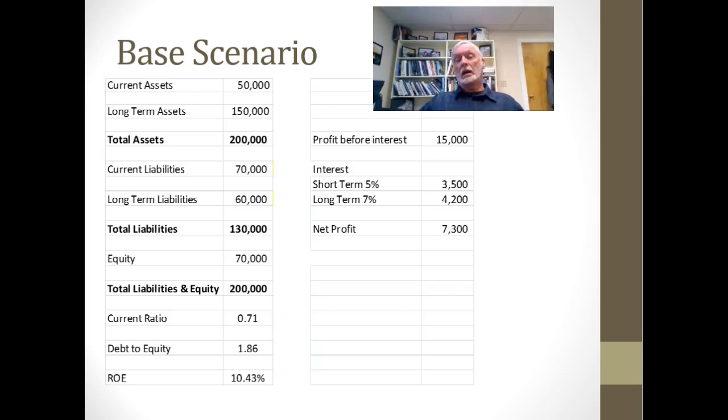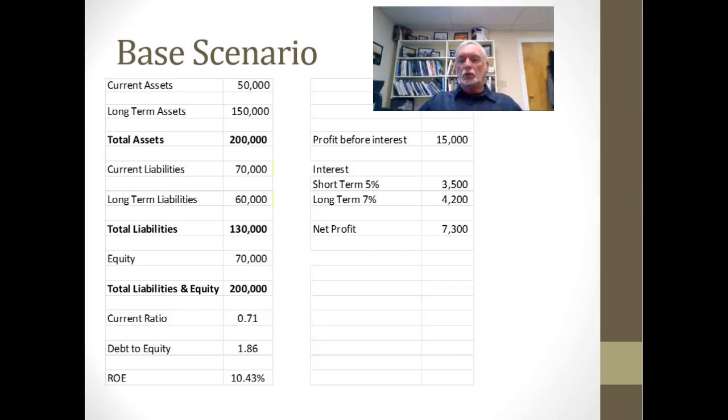We have current liabilities of 70,000 and long-term liabilities of 60,000, and those are considered to be debt, so they're all interest-paying liabilities. So total liabilities of 130, equity of 70, and total liabilities and equity of 200. So my balance sheet balances.